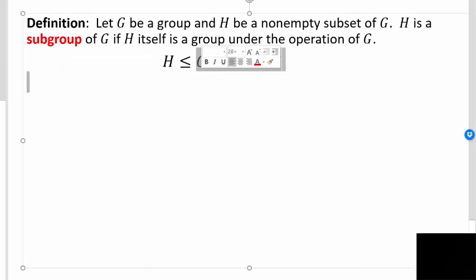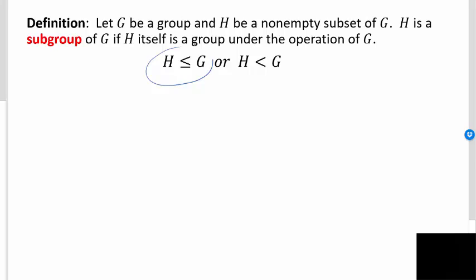You could always use the less than or equal to sign, but if you know clearly that it is a proper subset, you could use this notation too. It means H is a subgroup of G.